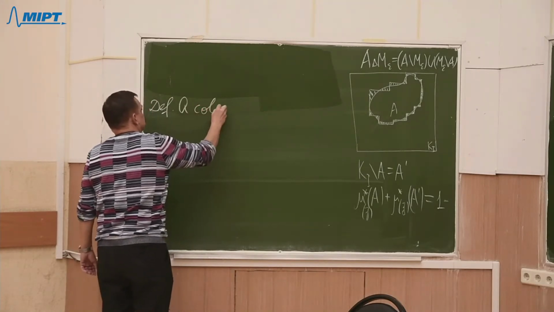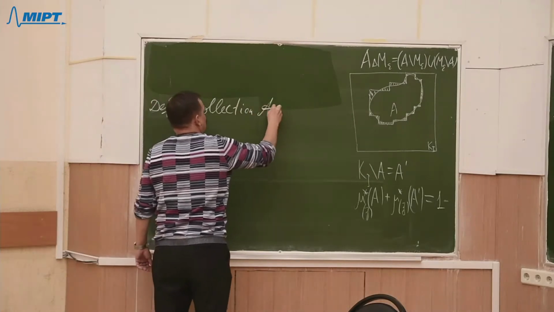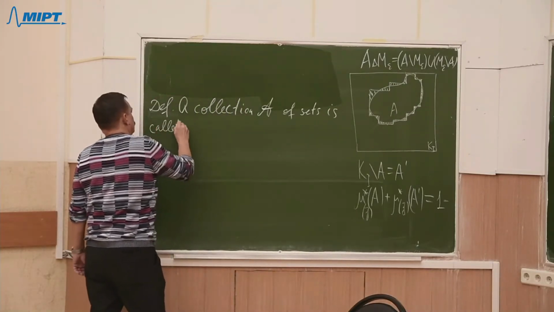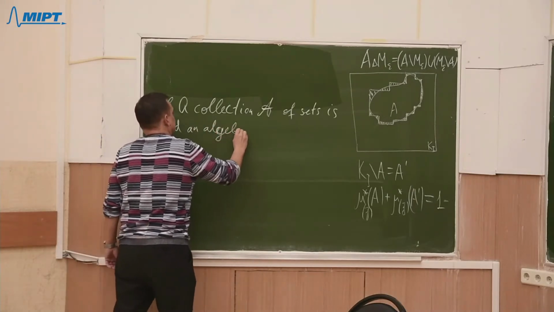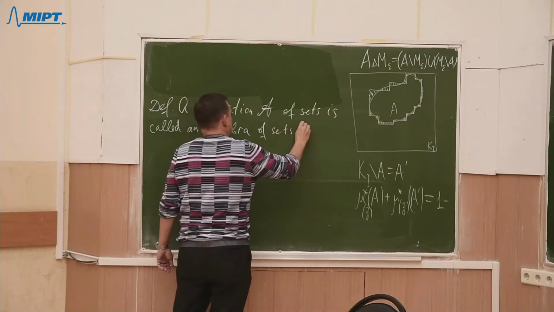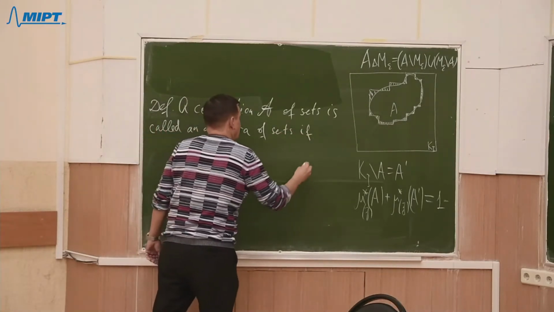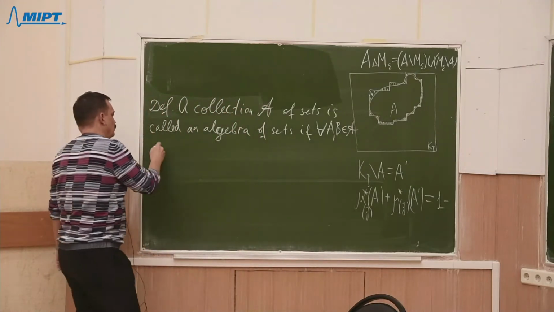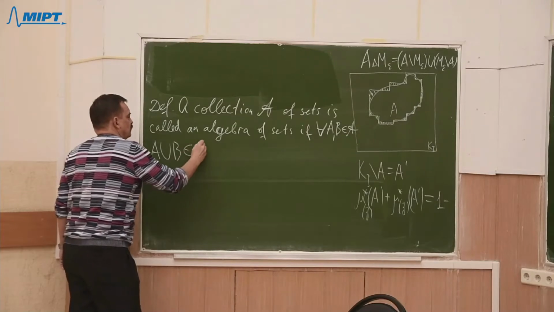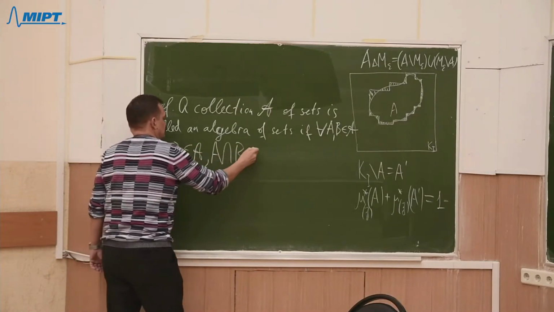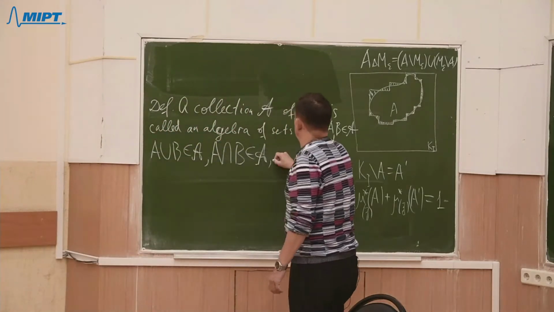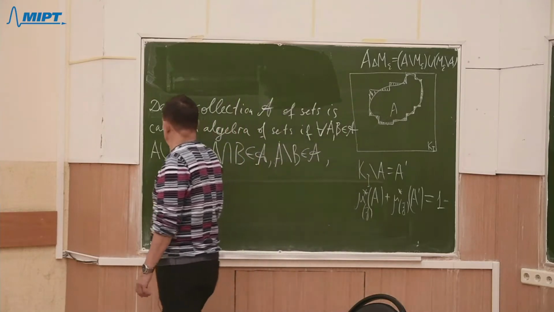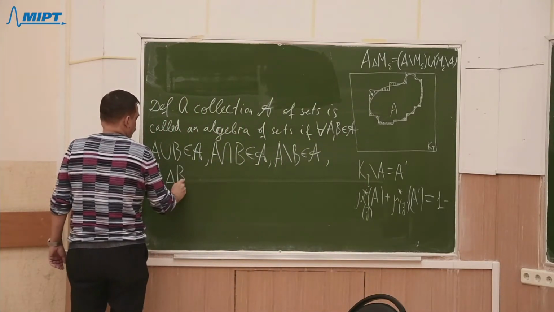A collection A of sets is called an algebra of sets if for arbitrary two sets A, B in this collection, their union is in A, the intersection is in A, the difference and the symmetric difference, all of them are in A.